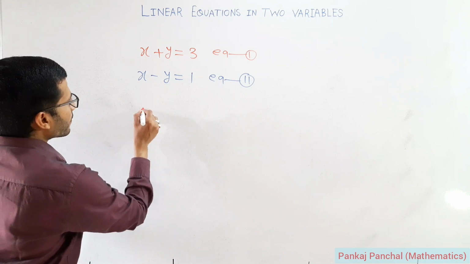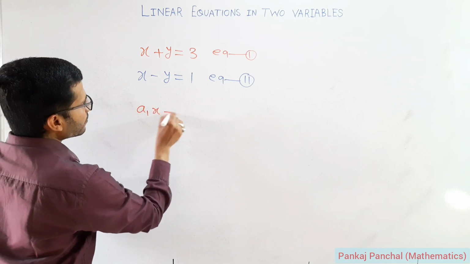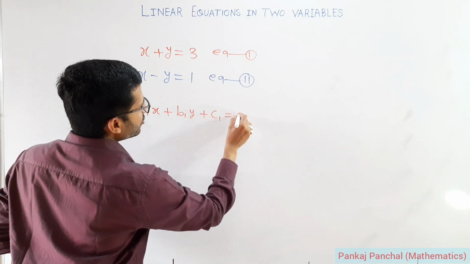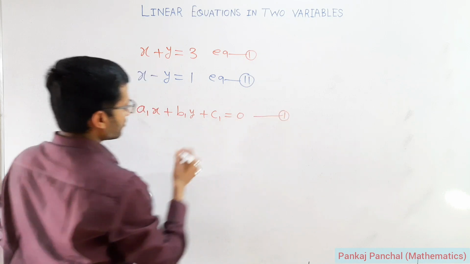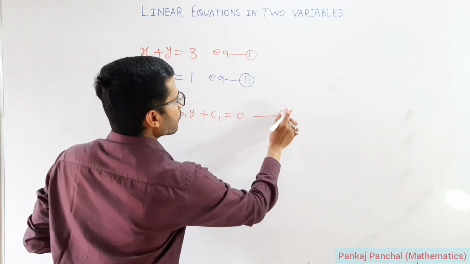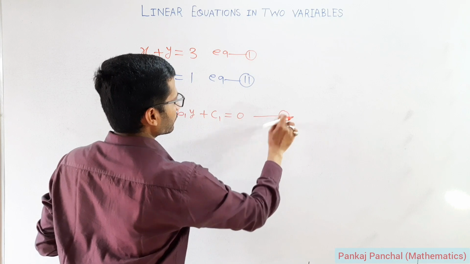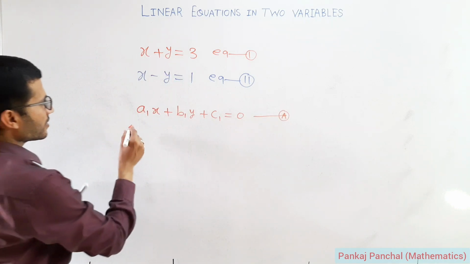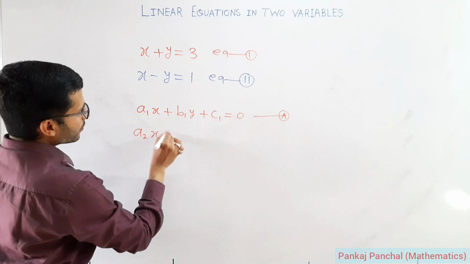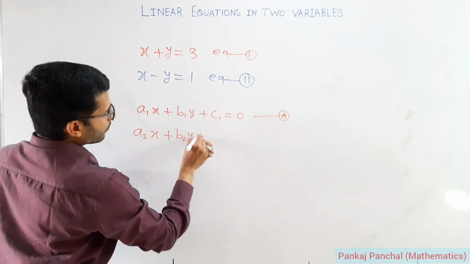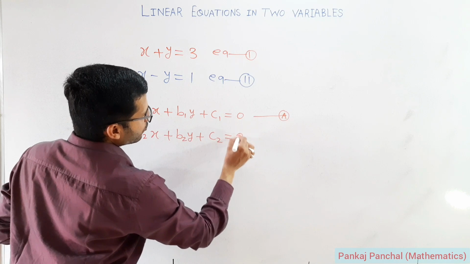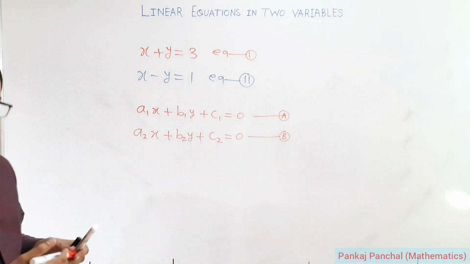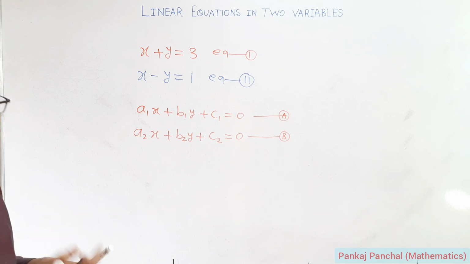First we check: a1x plus b1y plus c1 is equals to 0. This is equation 1, the general equation of this one. The other is a2x plus b2y plus c2 is equals to 0, equation number 2. So we have to check three conditions.